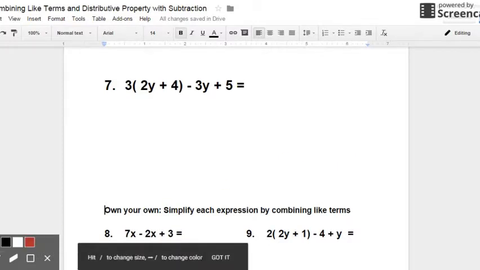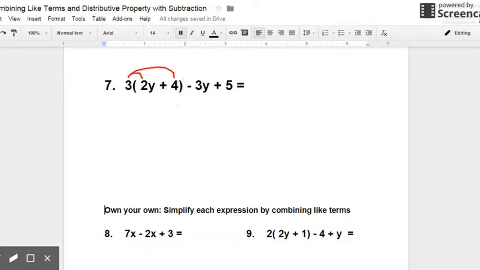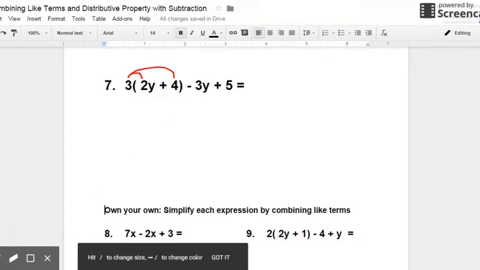So just like before, the first thing we have to get rid of is the distributive property, these parentheses. So we have to multiply 3 times 2, 3 times 4. Remember, this parenthesis here means stop. I don't multiply 3 by these numbers over here because this parenthesis is stopping the action. So let's do the multiplication.